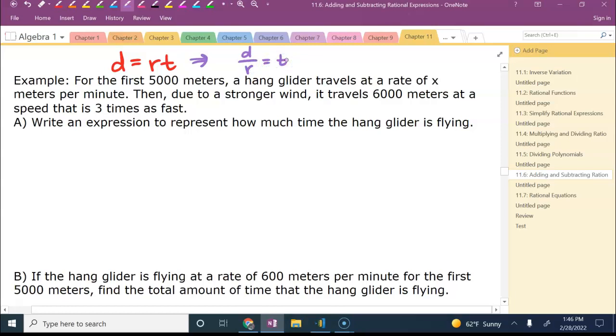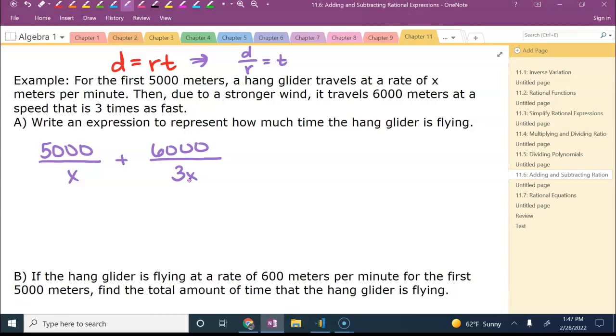So for the first 5,000 meters, which would be your distance, it traveled at a rate of x meters per minute. We don't know what the rate is, so 5,000 over x. And then the other part says that it travels 6,000 meters. That is 3 times as fast, so 3 times that original speed, so 3x. So I'm trying to add these two things together here, but I need to have common denominators.